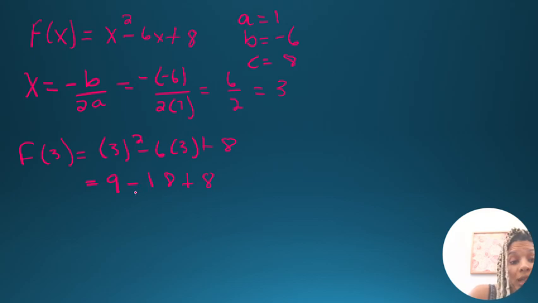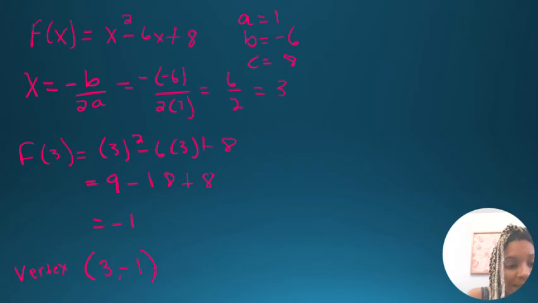So that is negative 1, is it? Let's double check again. Negative 9 plus an 8 gives me negative 1. Hopefully that is correct. So my vertex, I have 3 for x, and for y, I have negative 1.